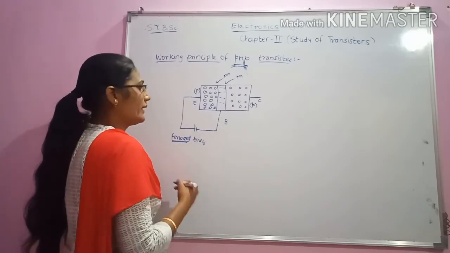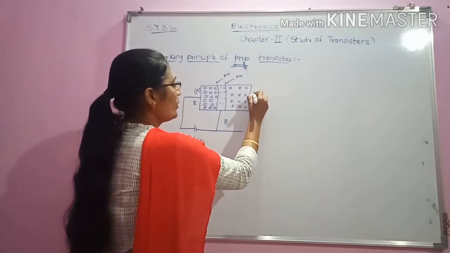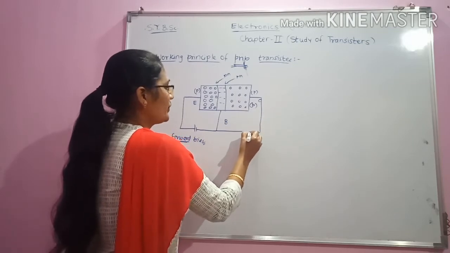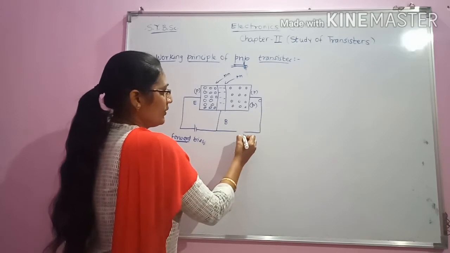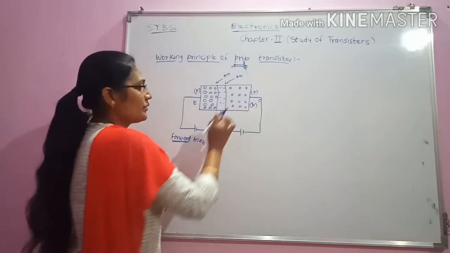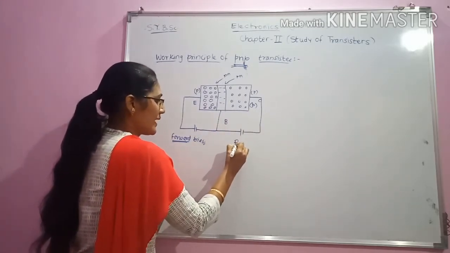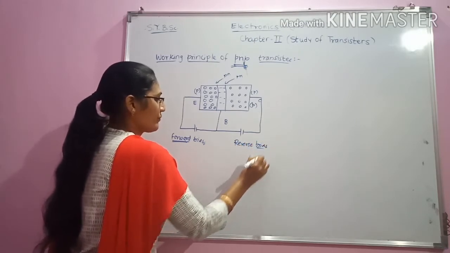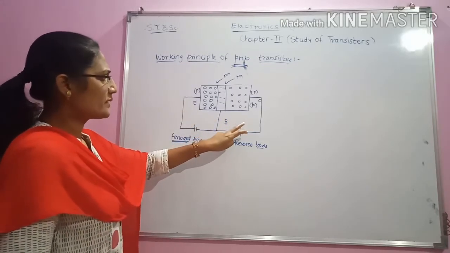And when we connect the battery in the circuit such that its negative terminal is connected to the positive region, then we say it is in reverse bias. So this is forward bias and this is reverse bias.